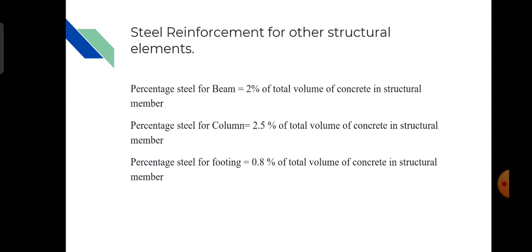Pile foundation should be used if SBC of the soil is less than 24 kilonewton per meter cube. These are the very important thumb rules which are adopted for the foundation or footing. So these are the very important things which should be kept in mind while construction of any structure.